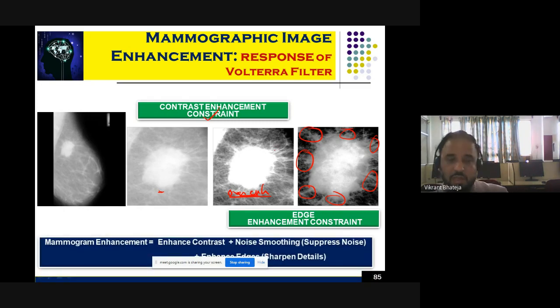So when we say mammographic enhancement, we mean enhancement of contrast and enhancement of edges, and there has to be balanced noise smoothing also, because undue enhancement without noise smoothing could lead to over enhancement. And again, if you have sharpening but the noise smoothing is not controlled, then it can also cause loss of details. So this trade-off of edge enhancement and contrast enhancement is really a big challenge when you are designing such filters.